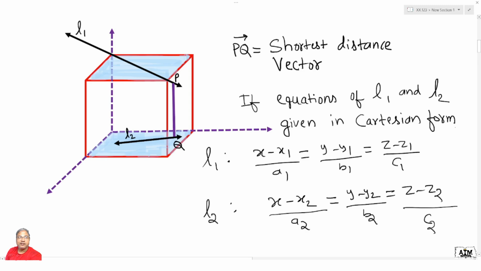Can you guess what a1, b1, c1 and a2, b2, c2 are? Please write down your answer in the comment box.